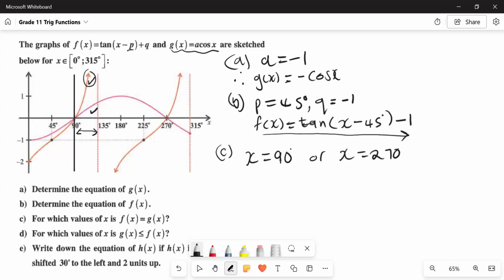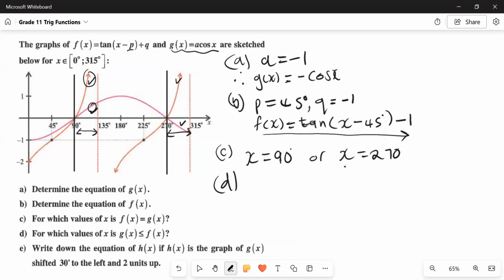The graph of f is above the graph of g, or we can say the graph of g is below the graph of f. That's the first point. And also between 270 and 315, the graph of f is above the graph of g, or you can say the graph of g is below the graph of f.